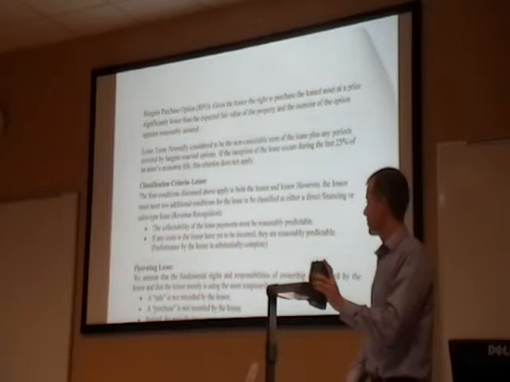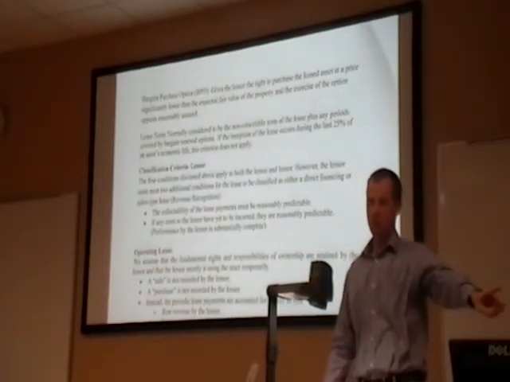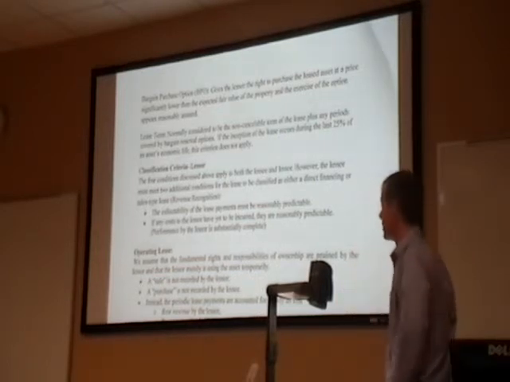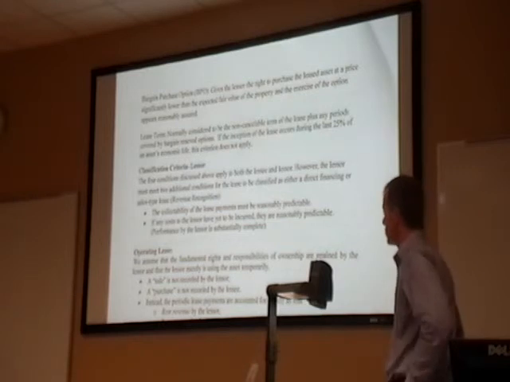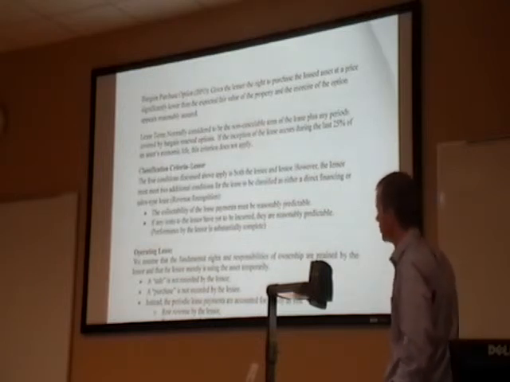All right, the classification for the lessor has the same classifications we just talked about, but with 2 new things we have to add. The 4 conditions discussed on the previous page apply to both the lessee and the lessor. However, the lessor must meet 2 additional conditions for the lease to be classified as either a direct financing or a sales type lease.